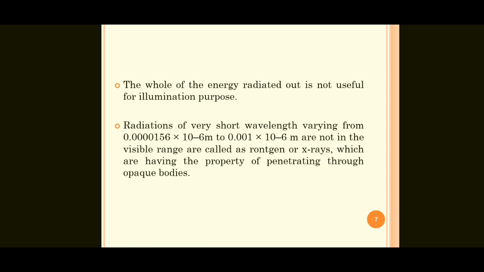For X-rays the wavelength is very short, very small. We can imagine the wavelength of that corresponding one.